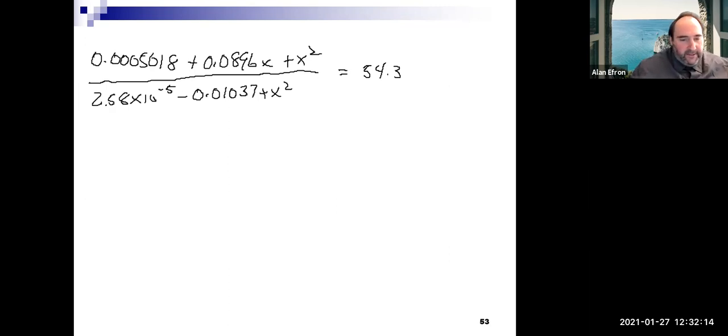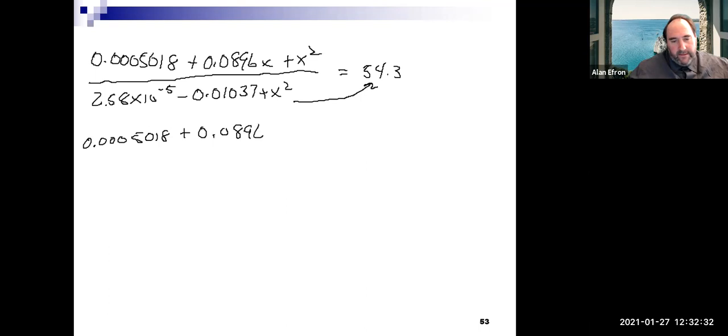Our math journey here continues as we take everything on the bottom and multiply it all the way over to the other side. Up on the left-hand side, nothing is changing. I know I'm going to run out of room, so I'm going to write it underneath, equals.